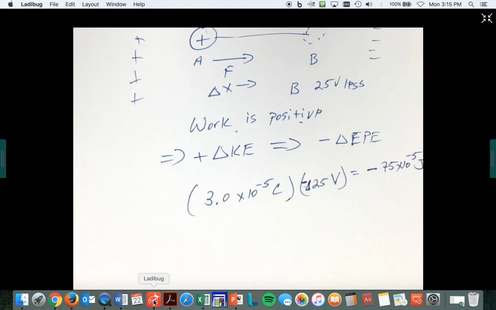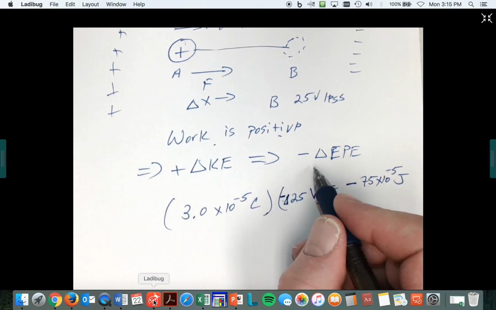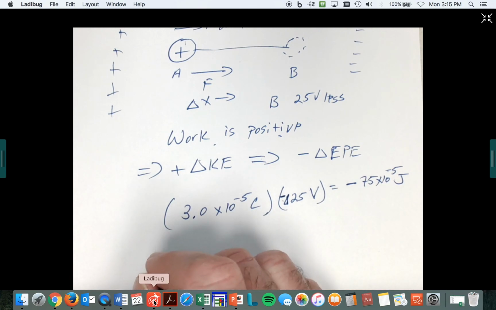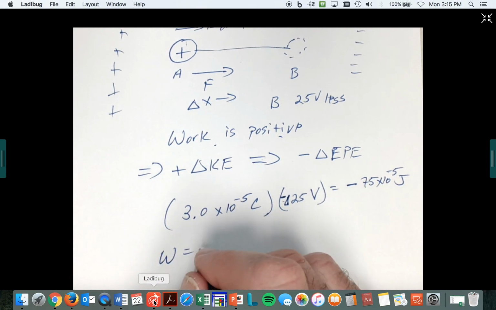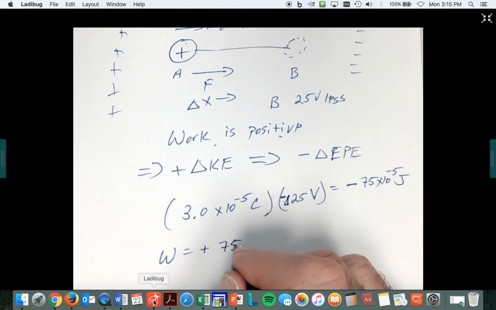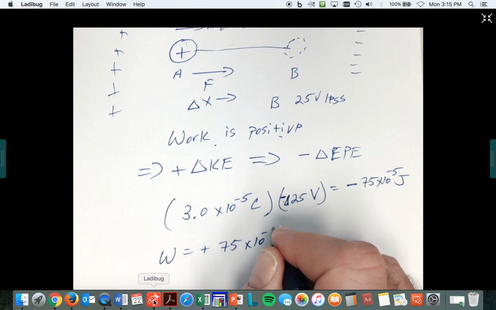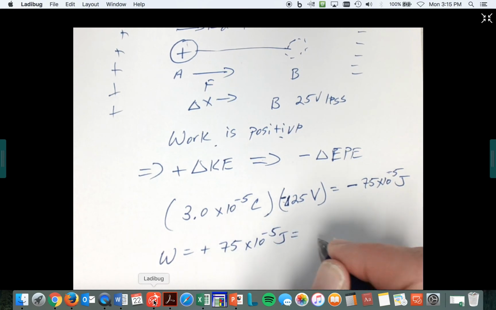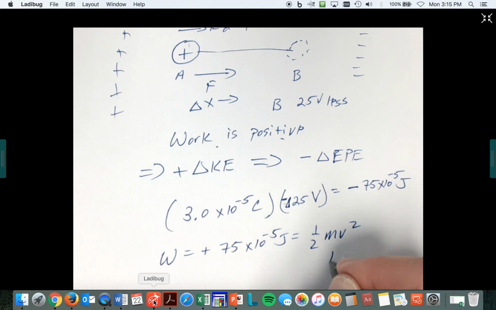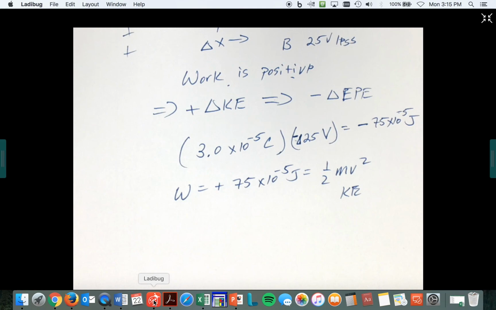And my change in electric potential energy is negative, so the work done is equal to a positive 75 times 10 to the negative 5 joules, which will equal 1/2 m v squared, which is the change in kinetic energy. Okay?